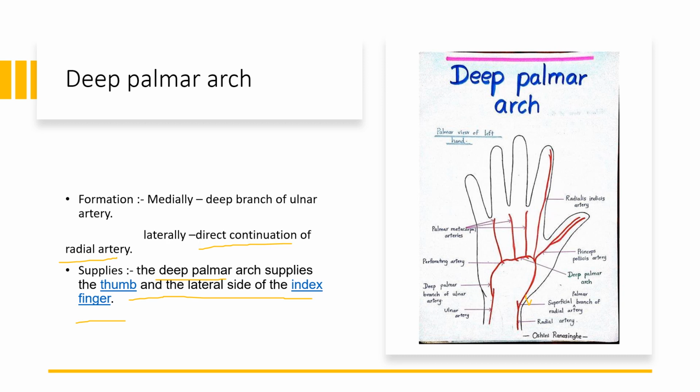This is the deep palmar arch. And here you can see this is the thumb, and this is the index finger. So it supplies the thumb and the lateral side of the index finger, and it also supplies the joints, all the metacarpophalangeal joints.